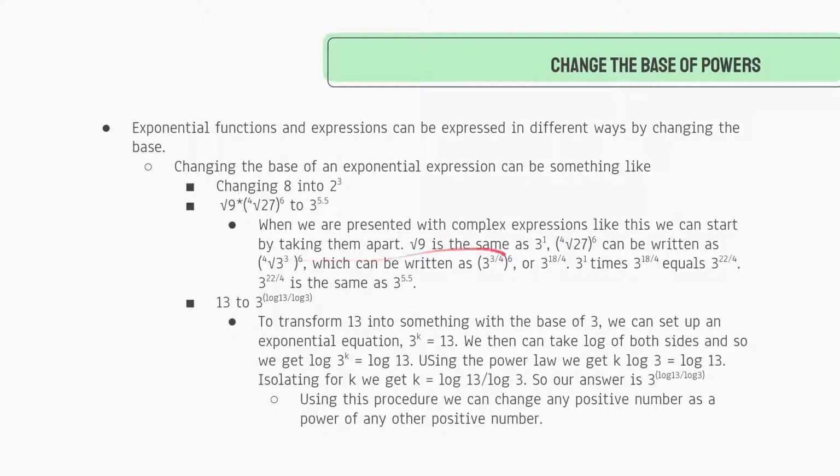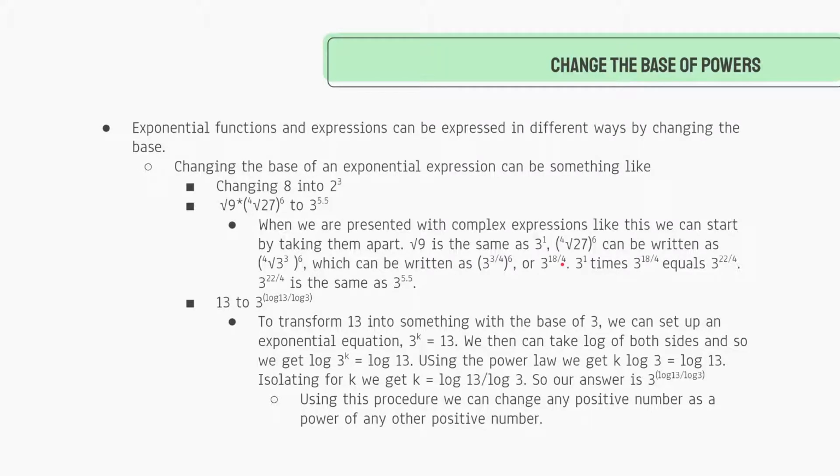So we actually have 3 to the power of 3 divided by 4. From here we know that if we have something to the power of something to the power of another thing, all we have to do is multiply the 2 exponents together. So 3 over 4 times 6 will be 18 over 4.